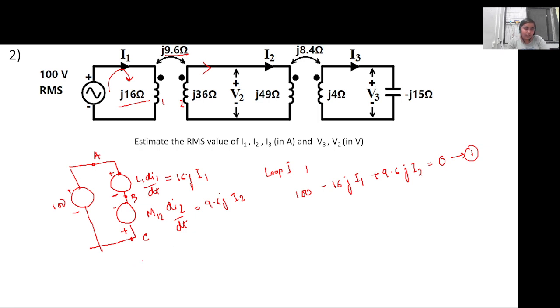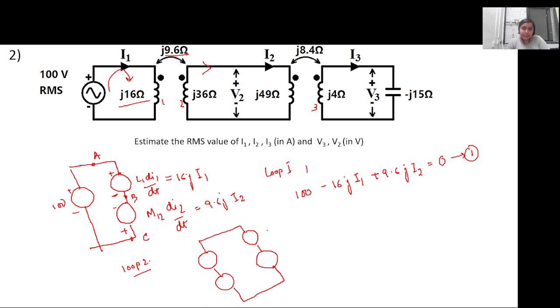Now if we consider loop 2, the loop 2 has two inductors and each of them will have a self-inductance and a mutual inductance. One has linkage with the coil 1 and the other has linkage with the coil in the third loop.